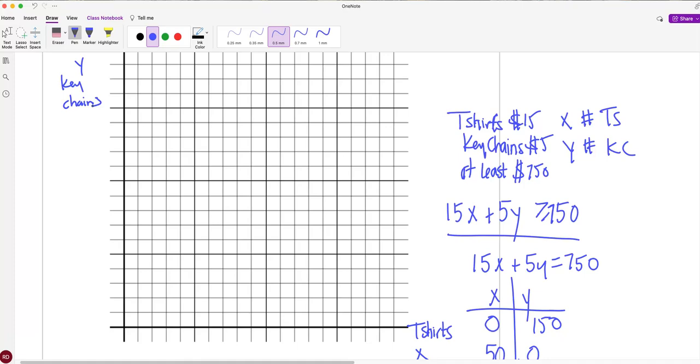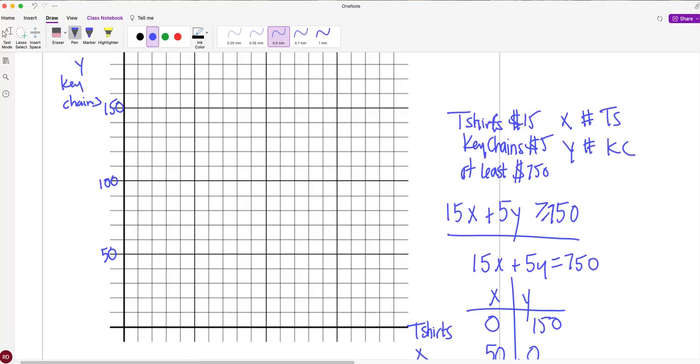So I need to be able to scale on the y from 0 up to 150. So if I do something like this, 50, 100, 150, and I need to scale over to 50, so 10, 20, 30, 40, that wouldn't do it.